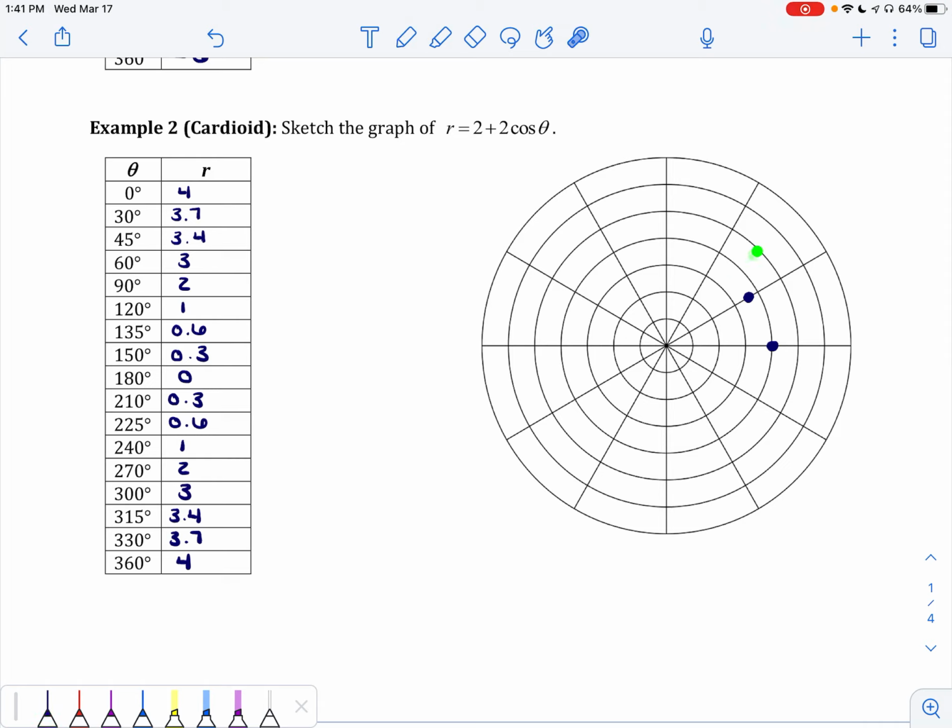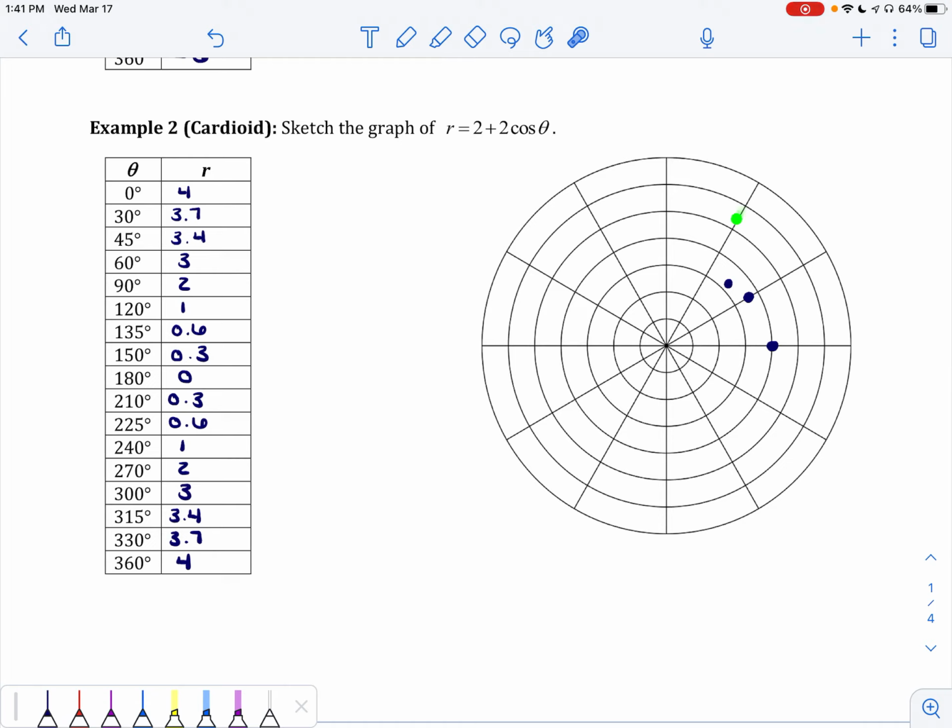We're on our 45-degree line with a radius of 3.4. Like I said before, just do the best you can with the decimals. I know they're not going to be perfect, but as long as they're close, then you'll be fine.